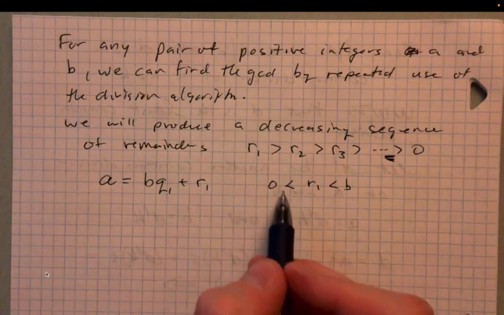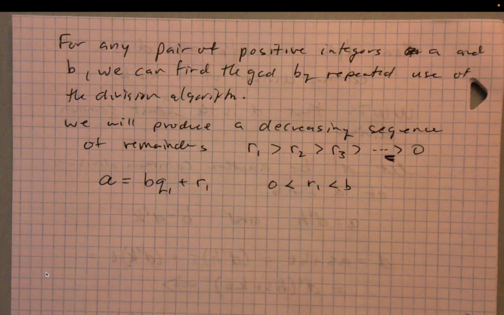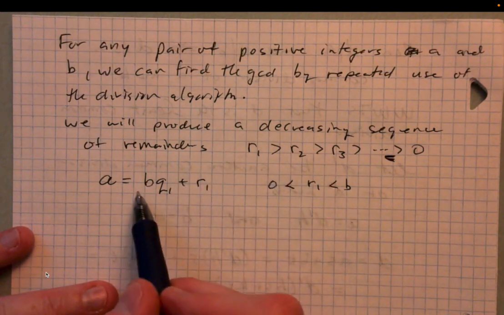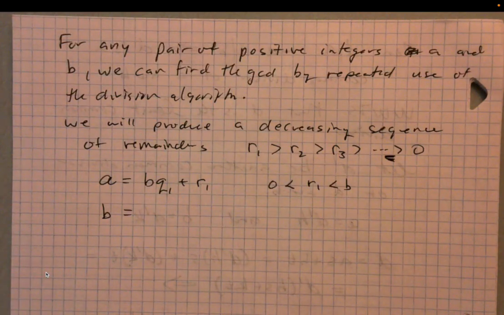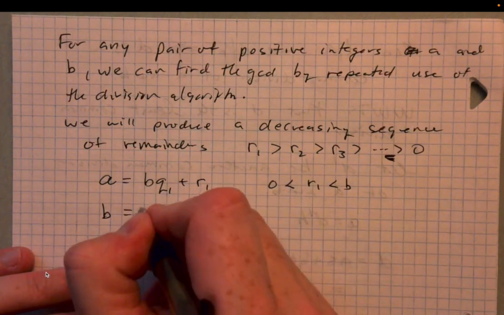Normally it's 0 less than or equal to r1, but in this case it's strictly less than. Then the next iteration, the divisor b becomes the thing you're dividing, and we divide it by the previous remainder.